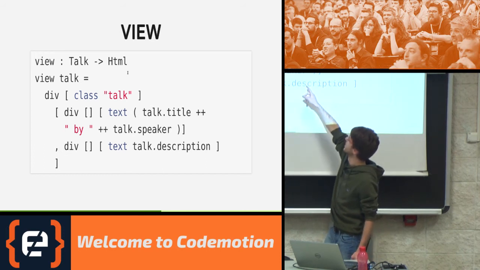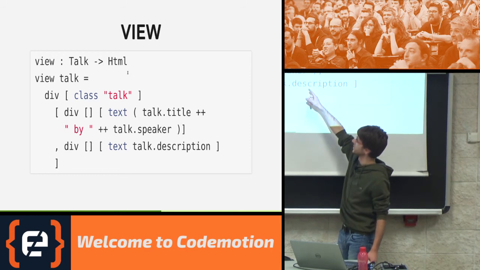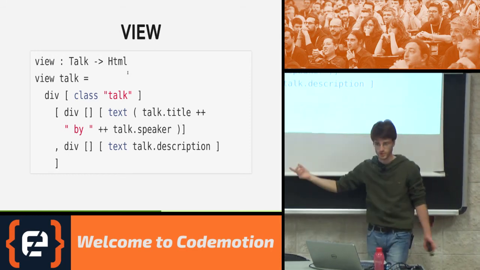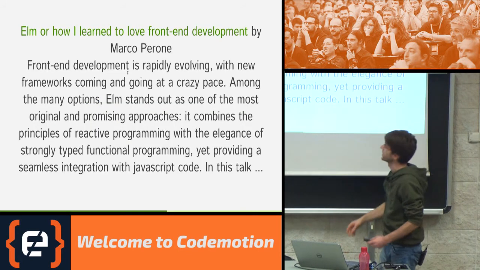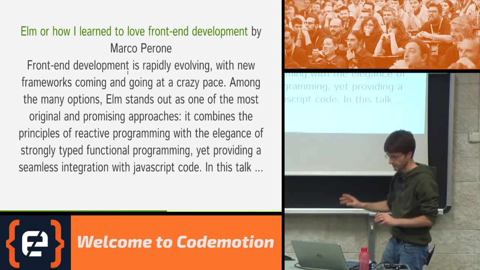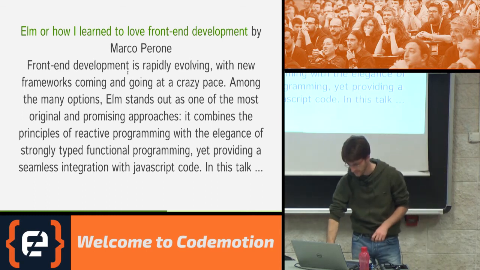One div has the title of the talk and the name of the speaker, and the other div has just the description of the talk. If we render this on the screen, and I'm not a CSS guy, as you can see, it just renders something like this.